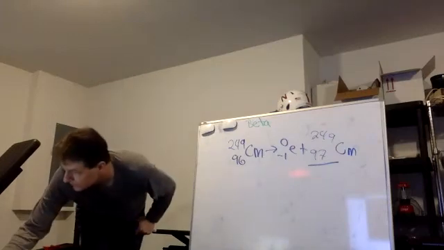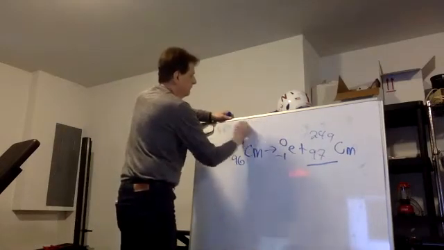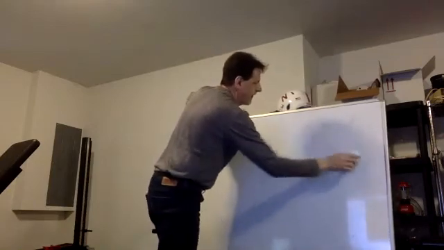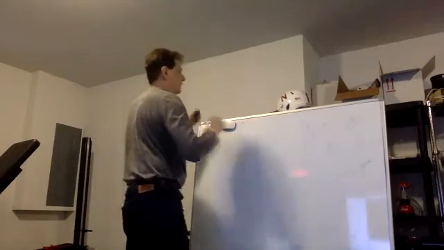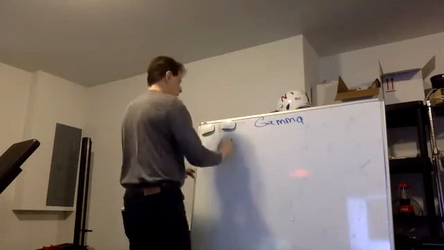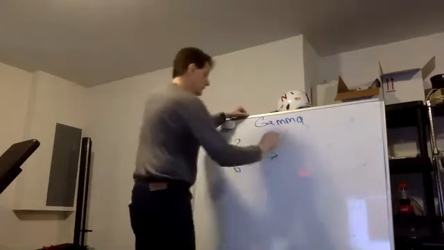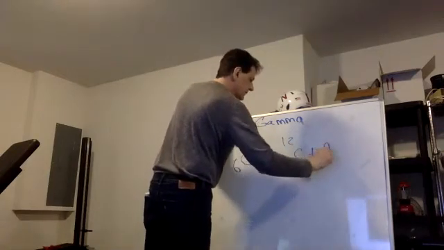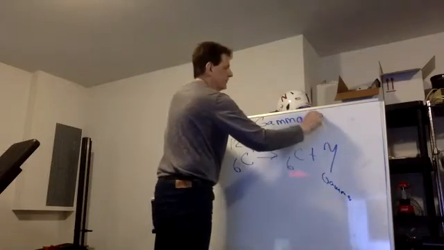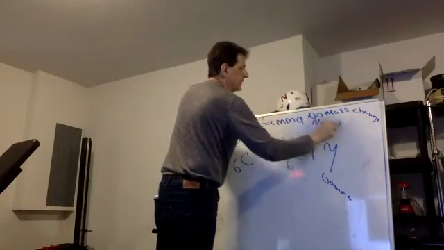Let's see, what do we got next? Oh, gamma. We're done with beta, and then we're on to gamma. The example I have is a carbon 12-6 going to a 12-6 plus a gamma. With a gamma, there's no mass change and there's no atomic number change.